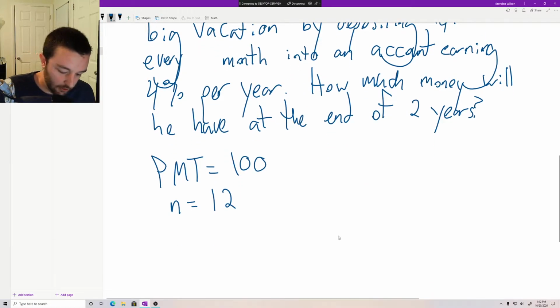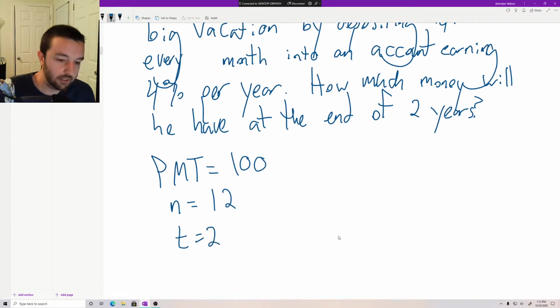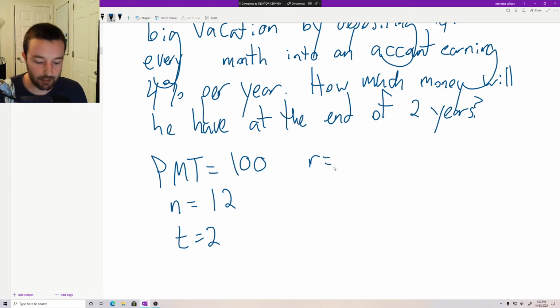Our t is going to be 2, since we're looking at the end of 2 years. And then our r is that 4% converted to a decimal, so 0.04.